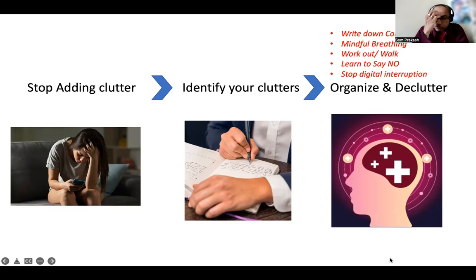Writing it down is extremely important. So you are identifying your clutter by observing first and journaling every little small thing: the kind of thoughts coming and the kind of feelings we are getting. Then it is time to fix it.